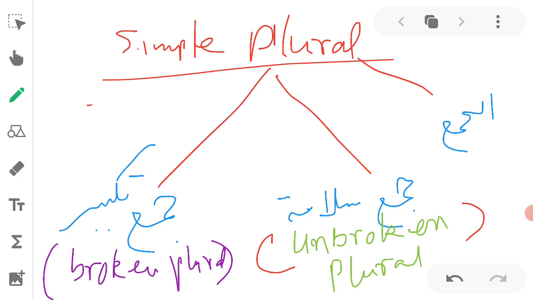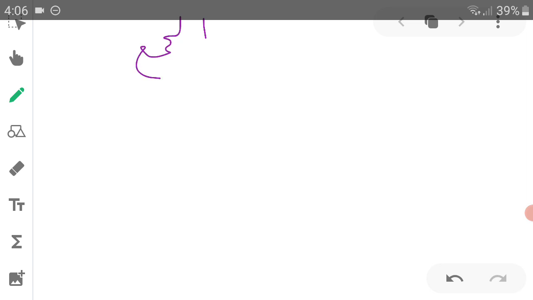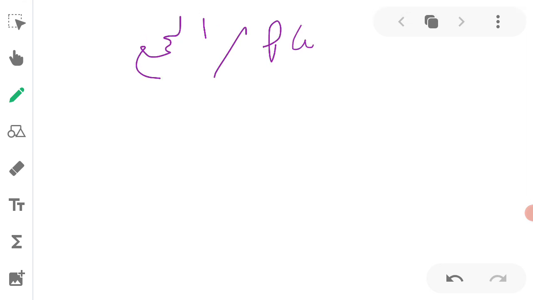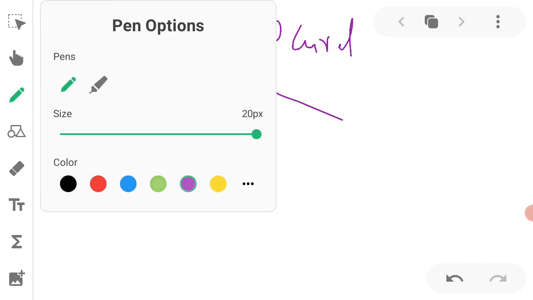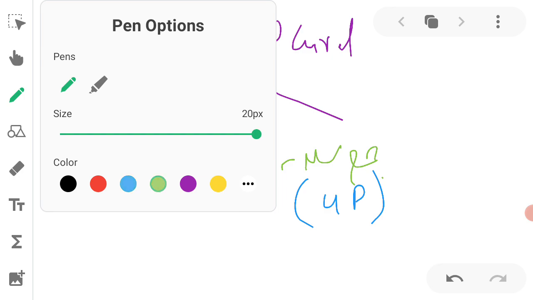So let's go to some examples. So al-jam, or simple plural, is of two types: jama salama, unbroken plural, and jam taksir, broken plural.